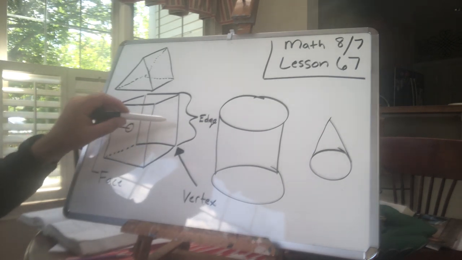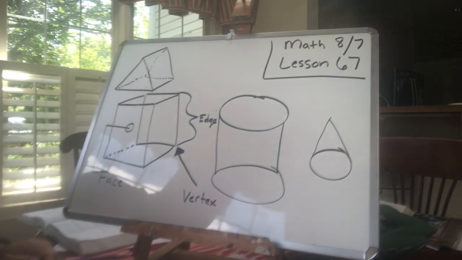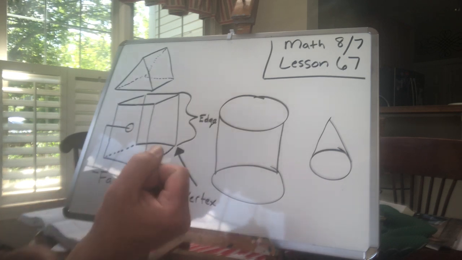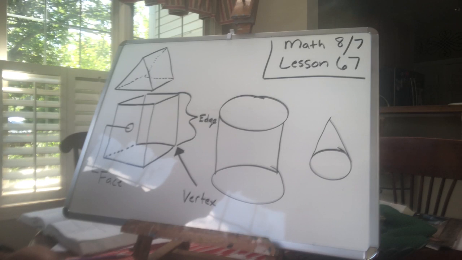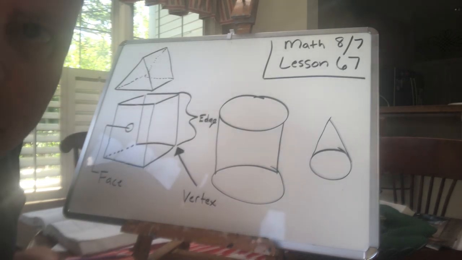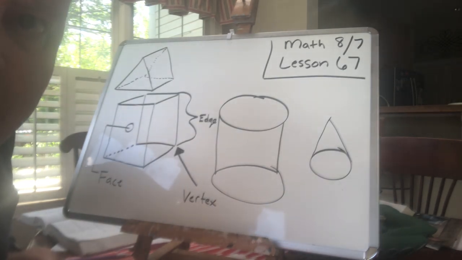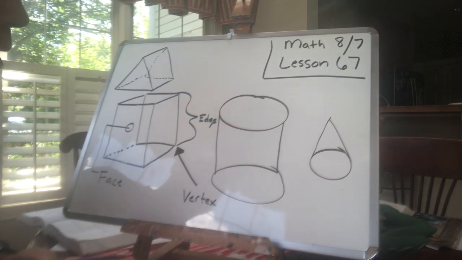There are 6 faces on a rectangular prism, or a cube has 6 faces. That's why, on a die, if you roll dice, the numbers are 1 through 6, because there's only 6 faces on a die, okay?